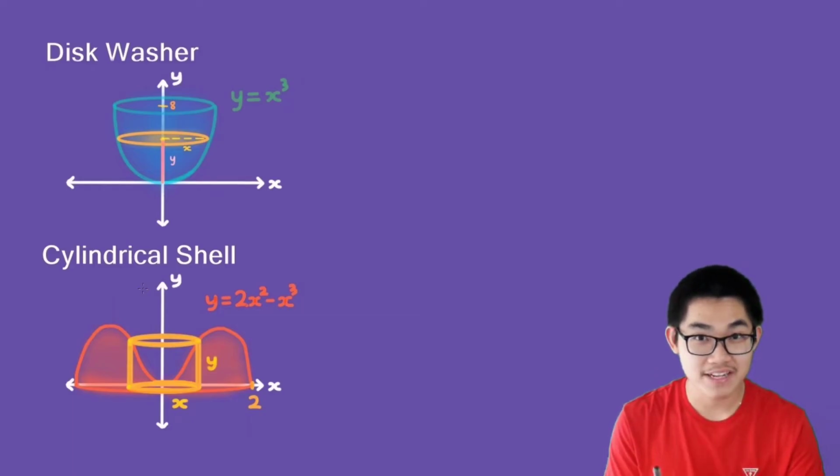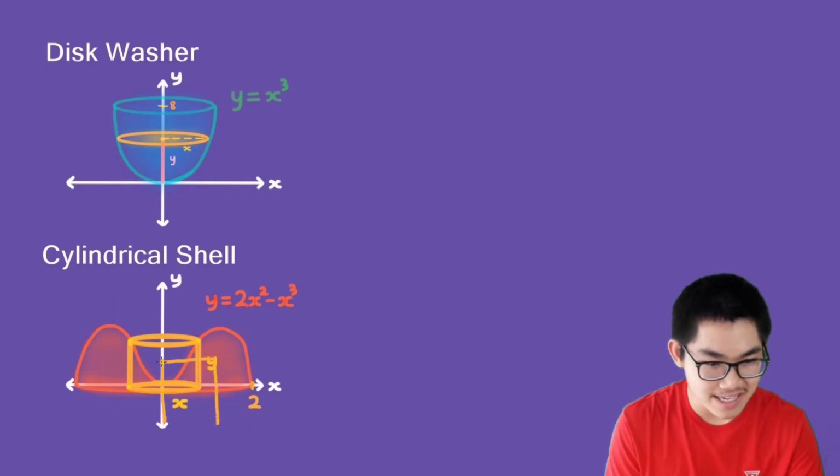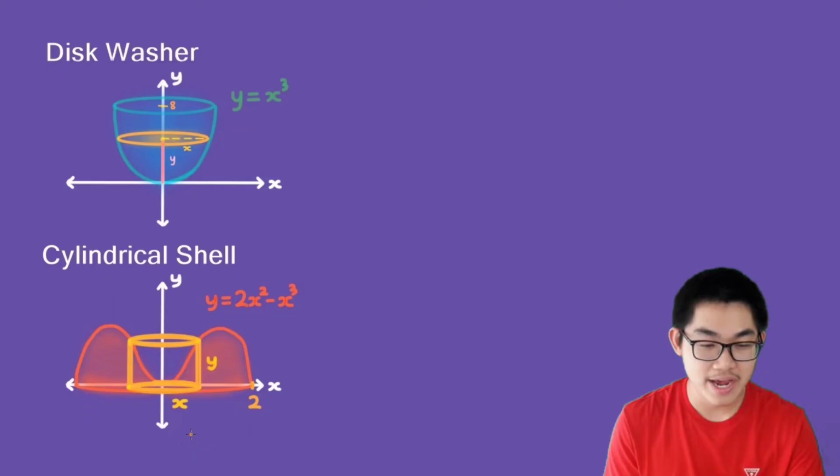And the shell method says that if we have a cylinder, and the base of that cylinder is on the x-axis, then you integrate with respect to x. If the base of the cylinder is on the y-axis, then we integrate with respect to y.